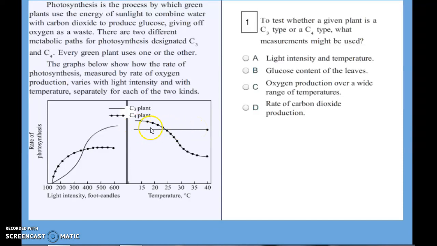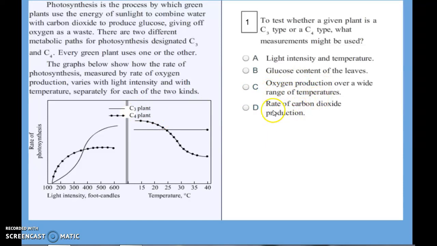And note that when we're doing photosynthesis, it's going to give off oxygen. So if you're measuring the amount of oxygen, you can measure the amount of photosynthesis at those different temperatures. And if it produces more at a low temperature and less at a high temperature, it's a C4. If it produces the same amount throughout all temperatures, it's a C3. So that would be a very good check.